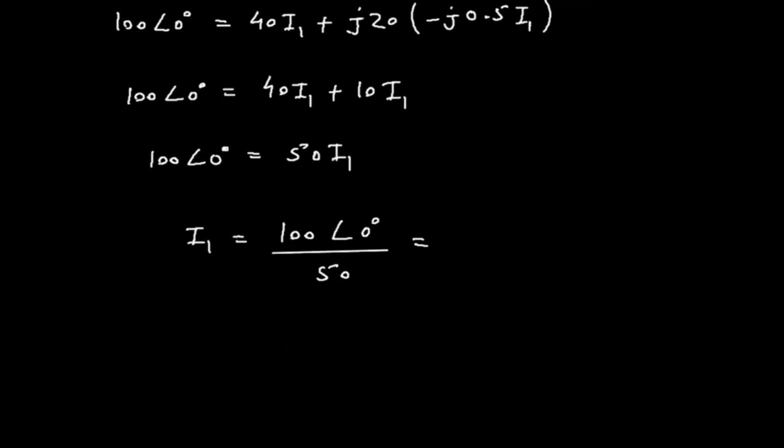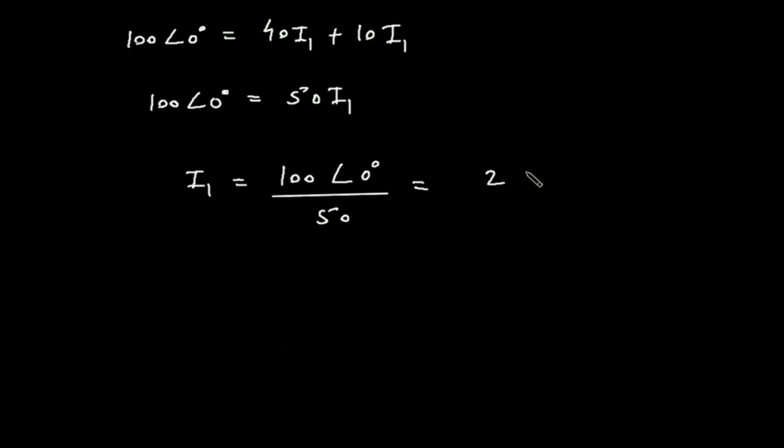So this will be 2 at an angle of 0 degree ampere, because it is current. So the unit of current is ampere. So I1 is equal to 2 at an angle of 0 degree ampere.